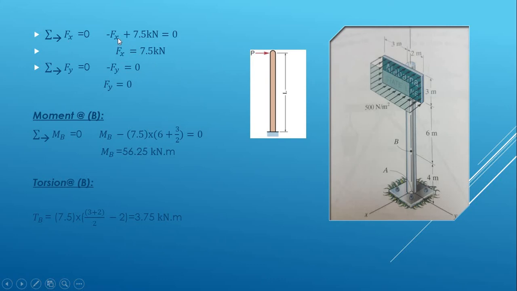We assume Fx in the negative side, opposite to the concentrated load. Now we get Fx minus, because the direction is opposite to the concentrated load, plus 7.5 kilonewton equals 0. We get Fx equals 7.5 kilonewton. This is the force in the x direction.